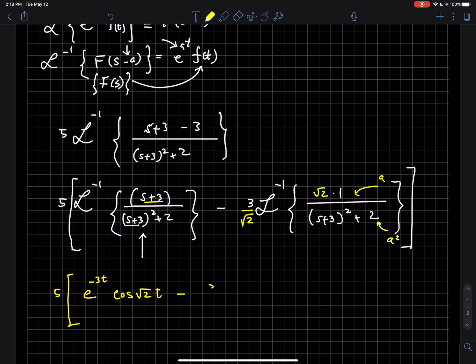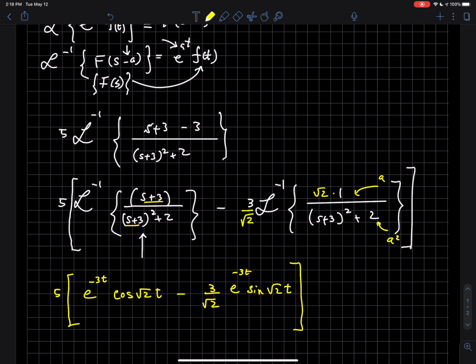So this becomes negative 3 over root 2, Laplace inverse of root 2 over (s plus 3) squared plus 2. So this is simply sine of root 2t, and again, with a shift of negative 3, you just have a factor of e to the negative 3t. And that becomes my inverse Laplace transform.